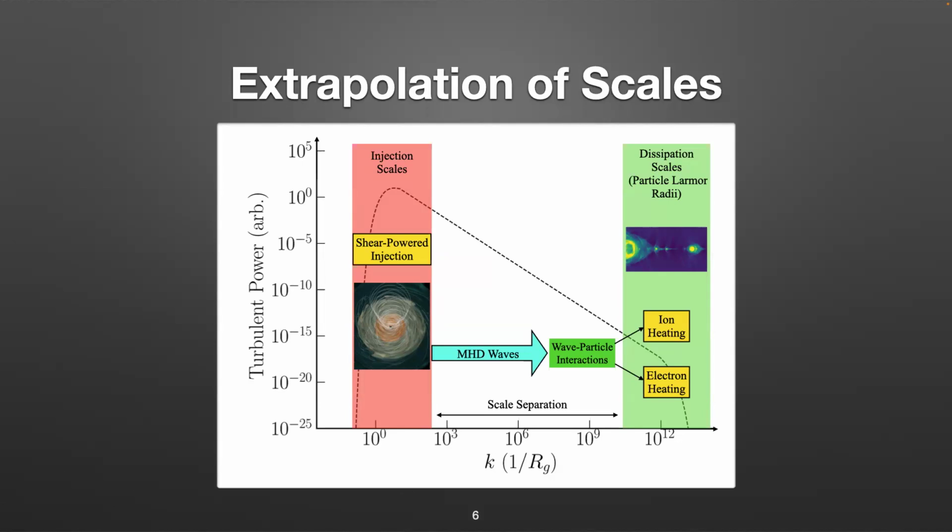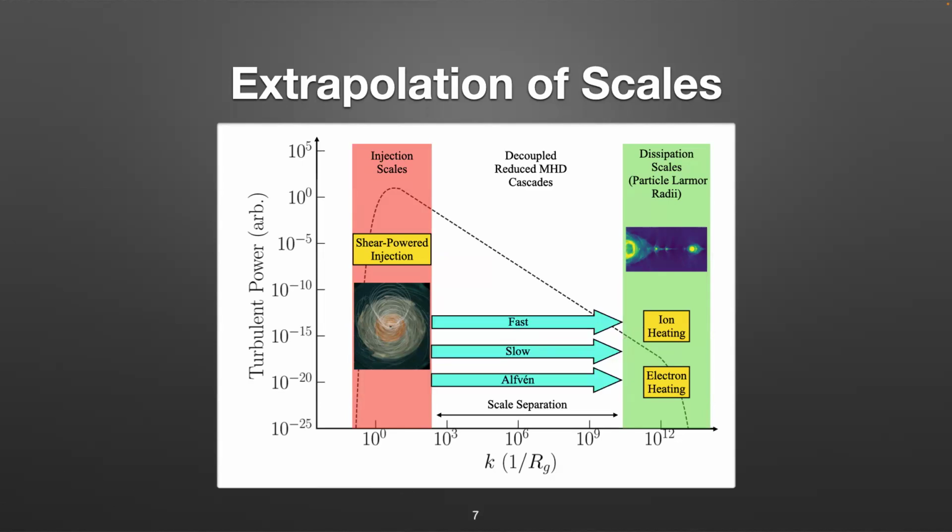So if you go back to plasma 101, magnetohydrodynamic waves come in three flavors, right? We have the fast magnetosonic waves, slow magnetosonic waves, and Alfvén waves. These waves are expected to be energetically decoupled in the plasma of interest, which is a very anisotropic plasma in the presence of large-scale magnetic fields.